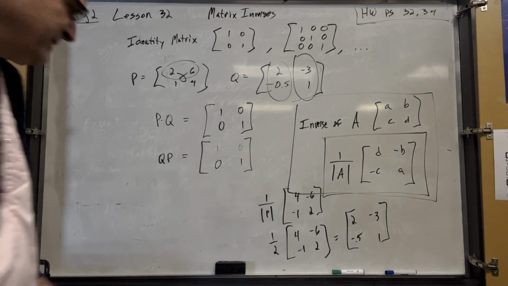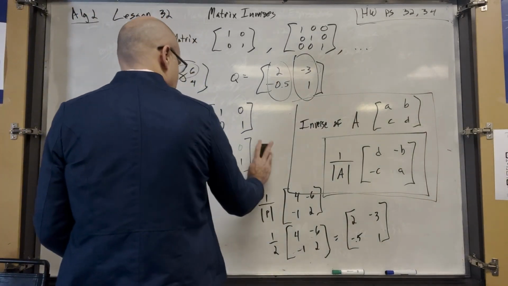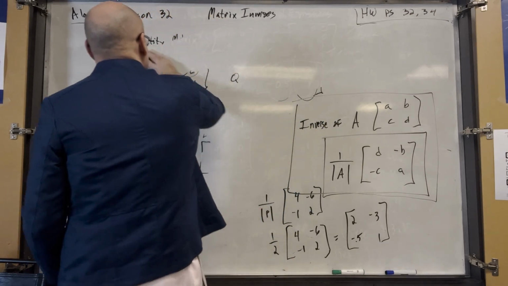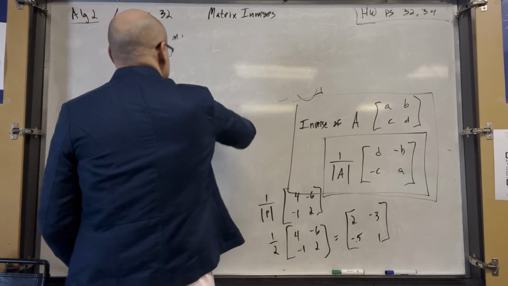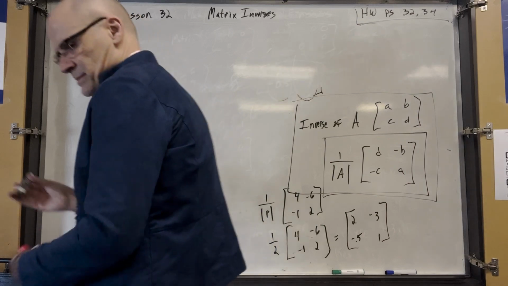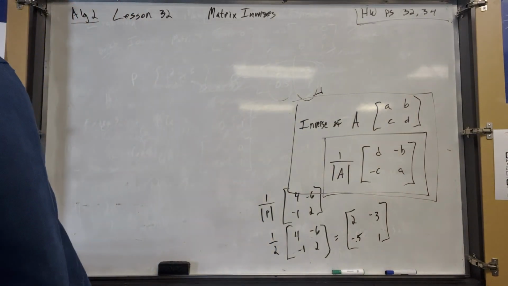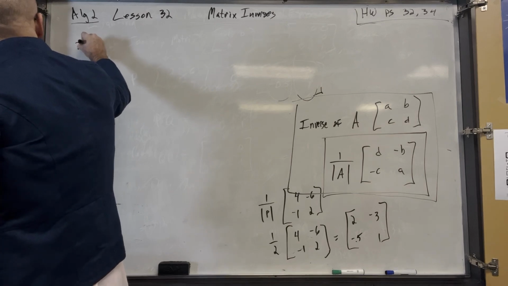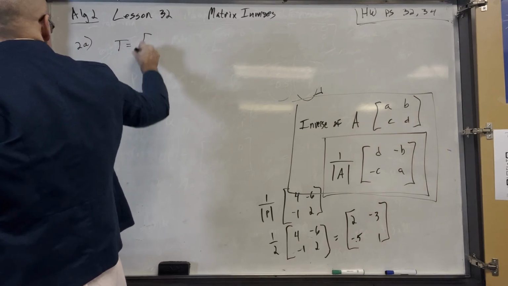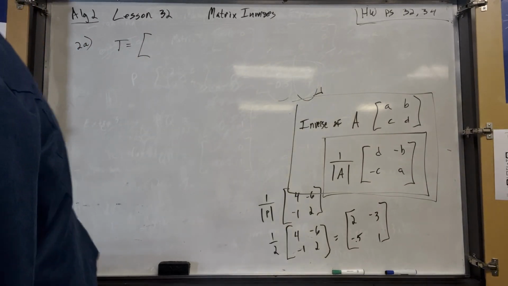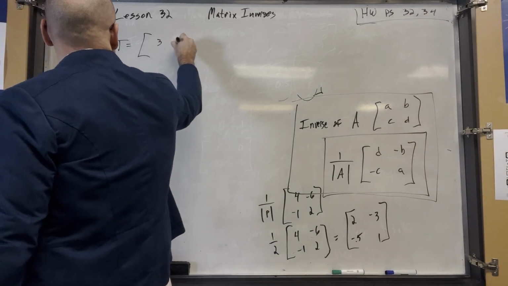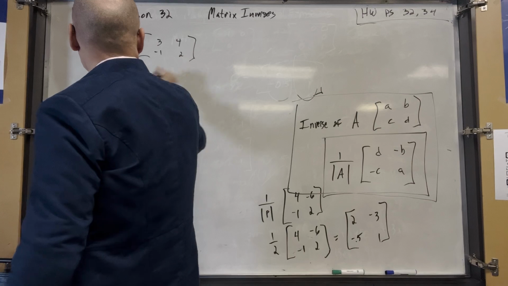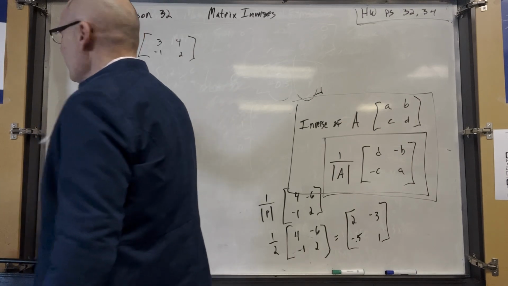Okay, so let's find the inverse of this matrix. You ready? I'm going to leave all that up there, the important information. Okay, if t equals this, 3, 4, -1, 2, then find t to the -1.